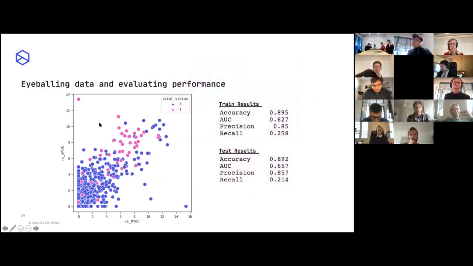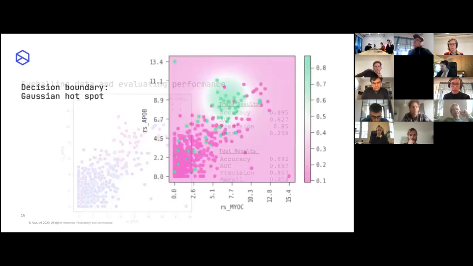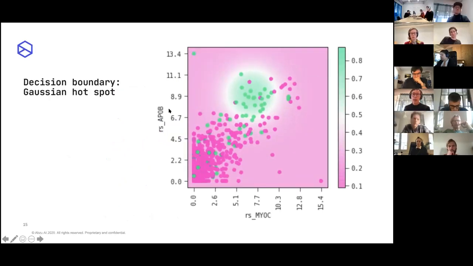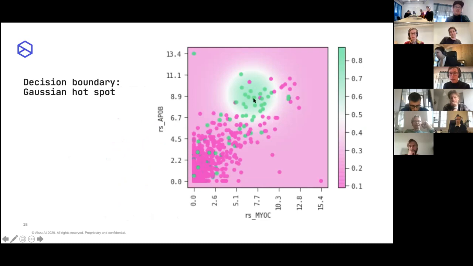Okay, but actually lifting the curtain a little bit on what the QLattice actually did. Here we are looking at this partial plot that you came to know from Lykke's presentation as well. Again, you're seeing the RS-MYOC on the x-axis and the ApoB on the y-axis. So in a way, it's the same plot as before. You have the dots being the different individuals, and again, you see the green ones being the people that died.